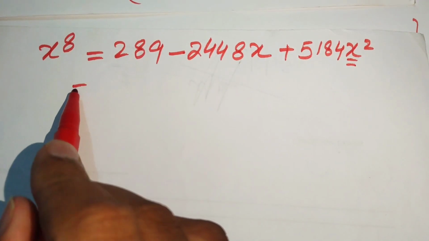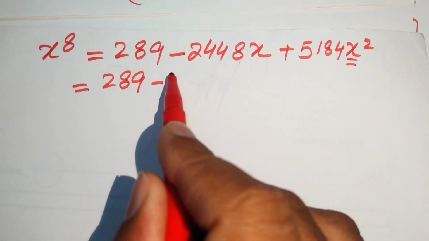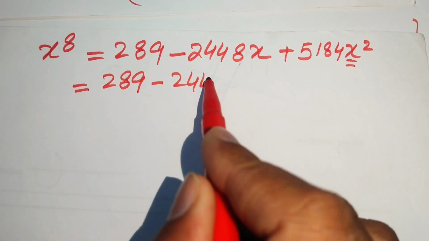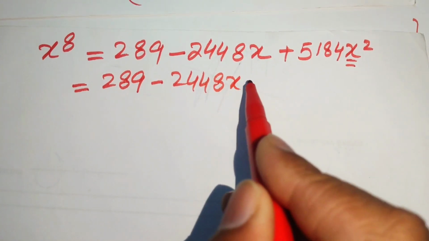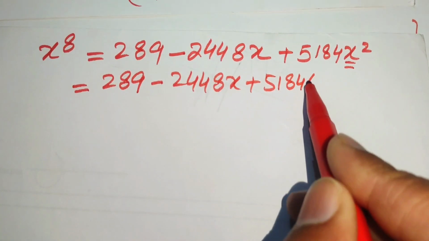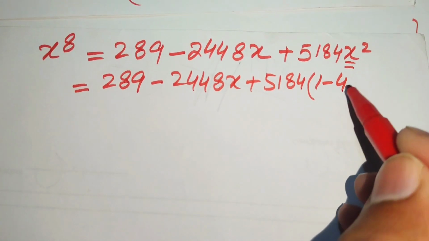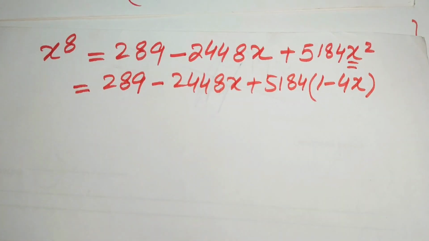So now we again apply the value of x square here, and it will be written as 289 minus 2448 into x plus 5184 into x square, and the value of x square is 1 minus 4x.